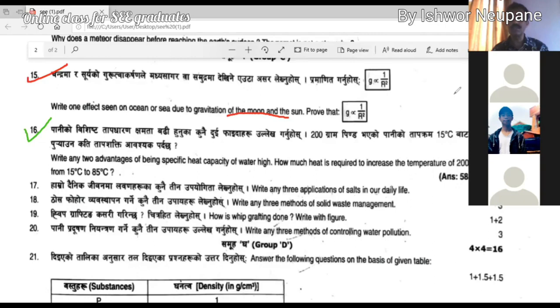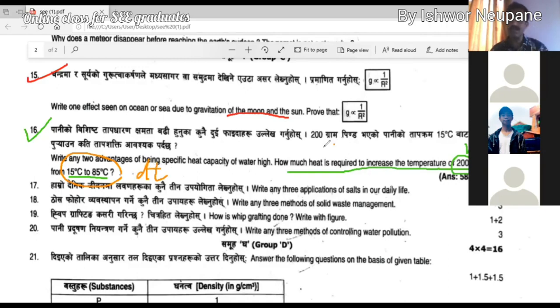Now we are discussing the next question. How much heat is required to increase the temperature of 200 gram of water from 15 degrees centigrade to 85 degrees centigrade? Here 200 gram is the mass of the substance, and 15 to 85 degrees is dT.